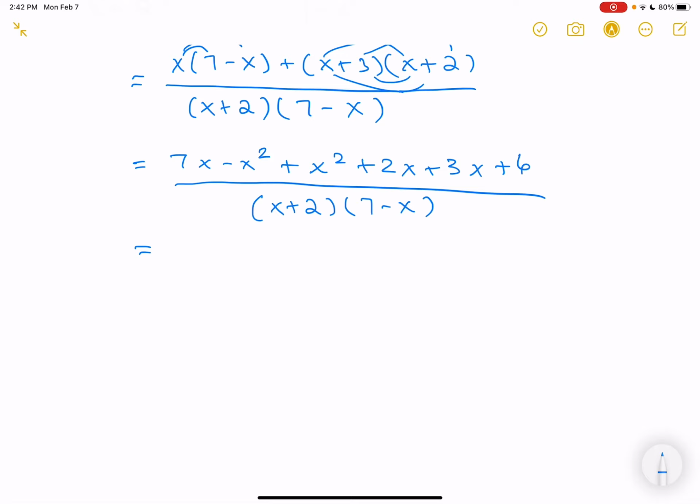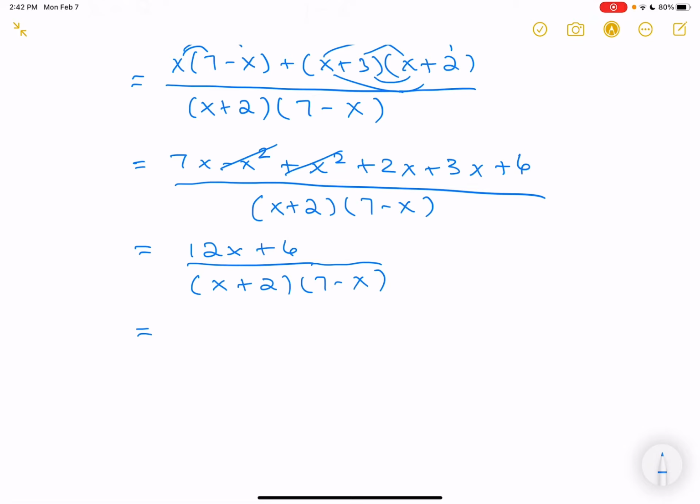Okay, now our next step is going to be combining like terms. So again, if you haven't done that already, go ahead and push pause and give it a try now. All right, it looks like we ended up with a 12x plus 6 over that common denominator.